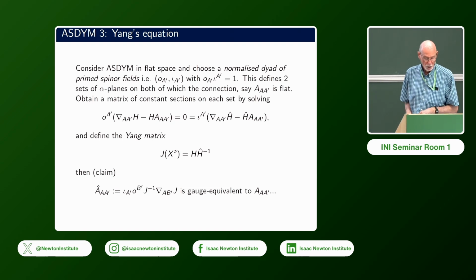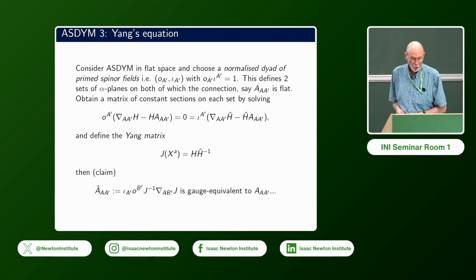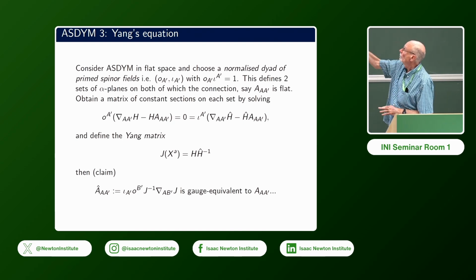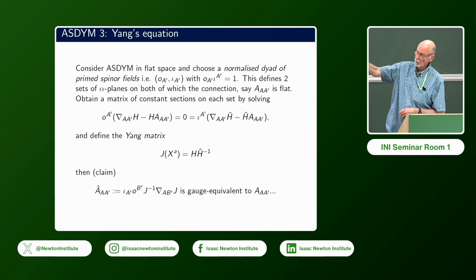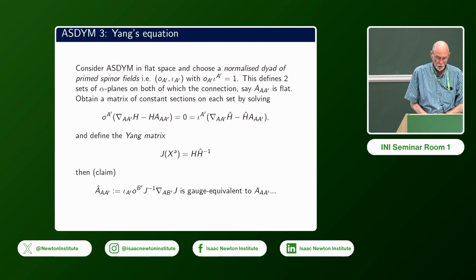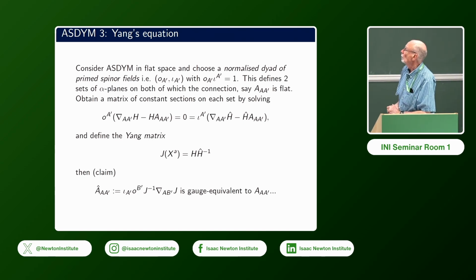So you choose a dyad, which just means a basis, but normalized, so their product that way around is 1, then you get 2 sets of alpha planes, because all the ones with constant omicron are stacked up like this, all the ones with constant iota are stacked up like that, and on both of them, the connection is flat, so you can find an H, that's a matrix of sections which are constant on the omicron ones, and an H hat, and that's a matrix of sections which are constant on the iota ones, and you stick them together like so, and call it the Yang matrix.